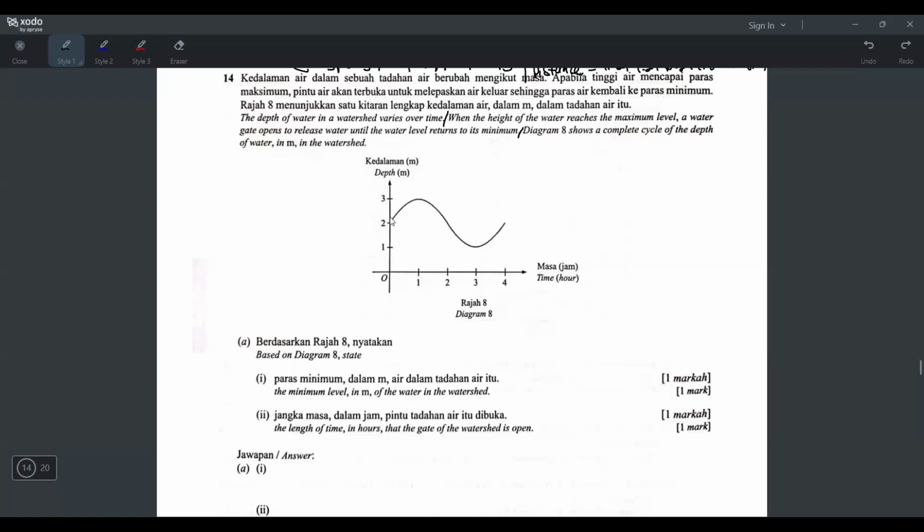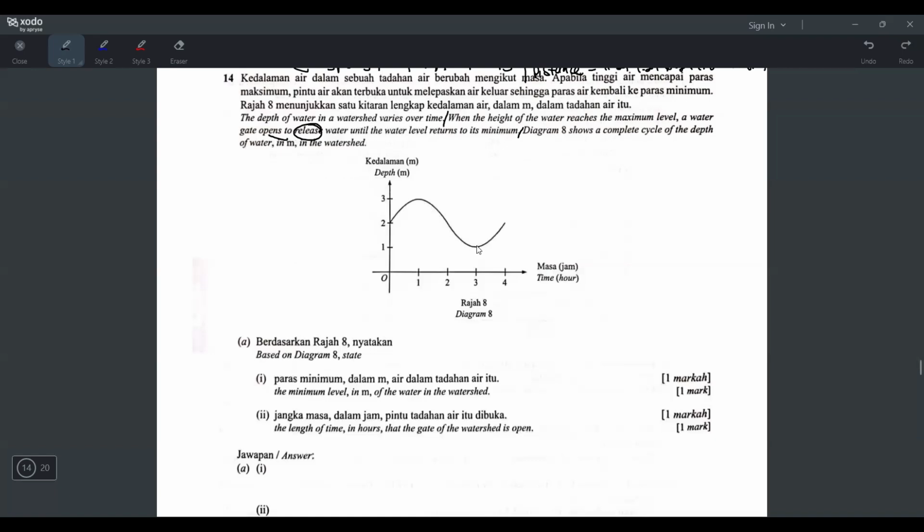At first it's 2 meters, right? But after 1 hour, the water level slowly increases. When the water level reaches 3 meters, that is when the gate opens to release water. When you open the gate, the water is released, so the water level decreases until 1.